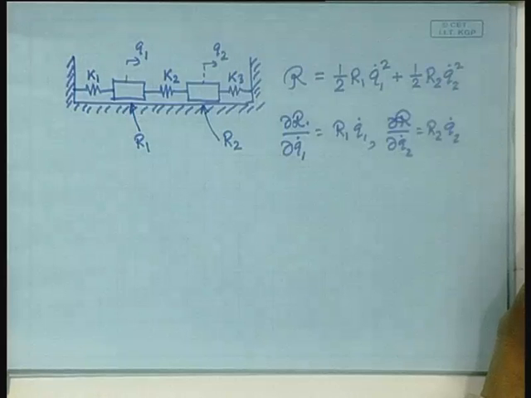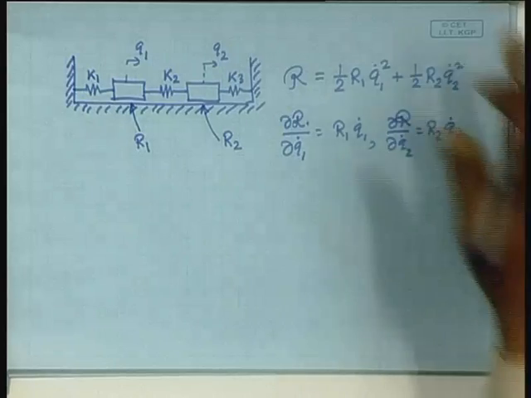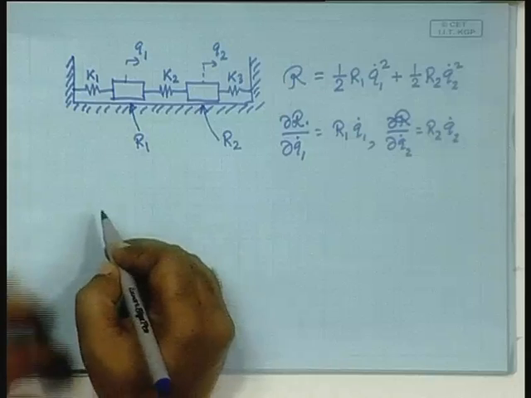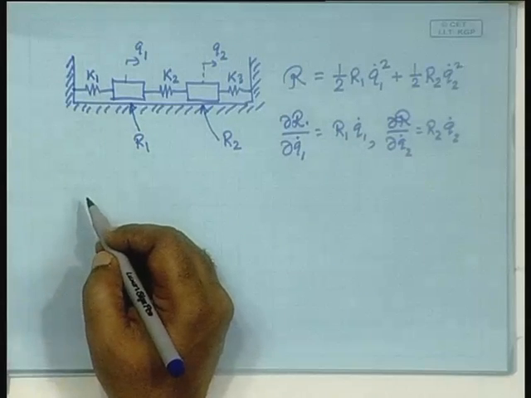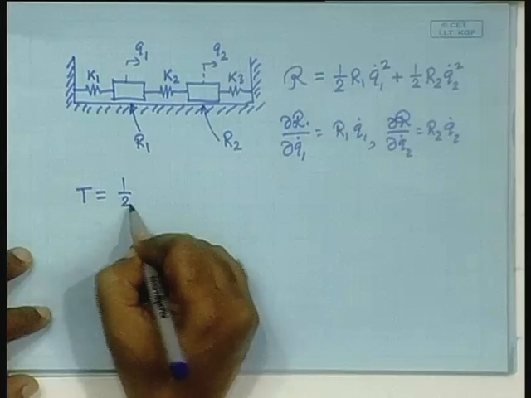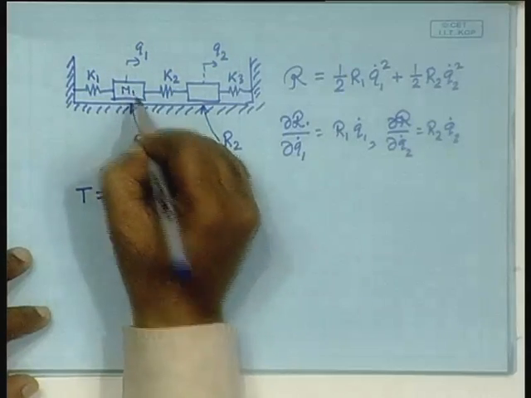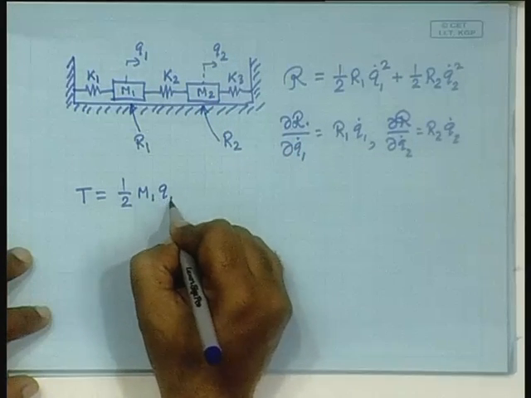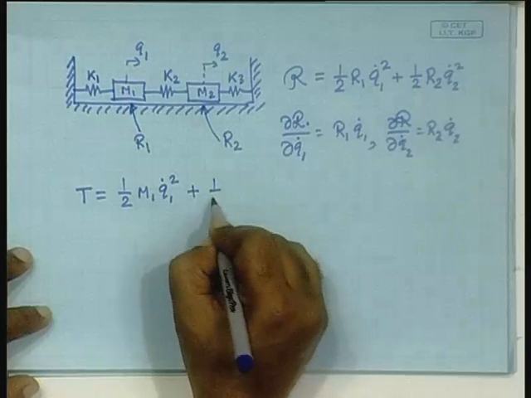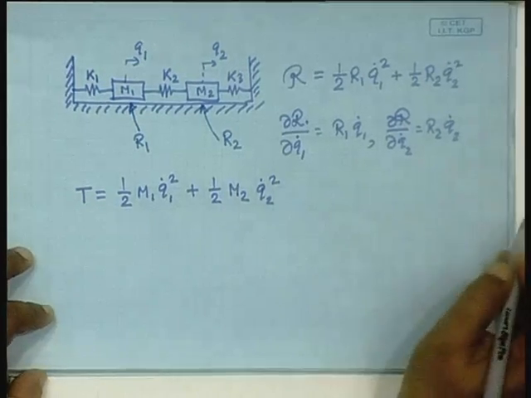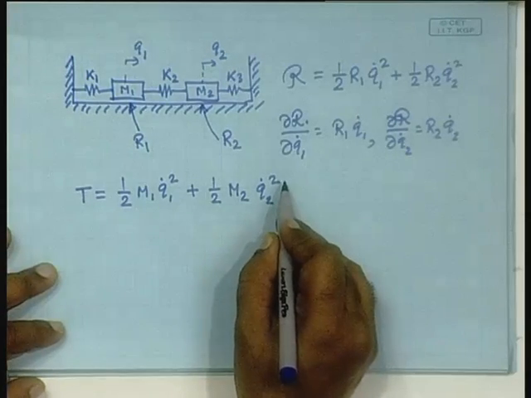Happy? Then after that, we just recall what our expressions for T and V were. Let me write them down so that we can derive the whole thing. T was half m1 q1 dot square plus half m2 q2 dot square. That was the expression for the kinetic energy.